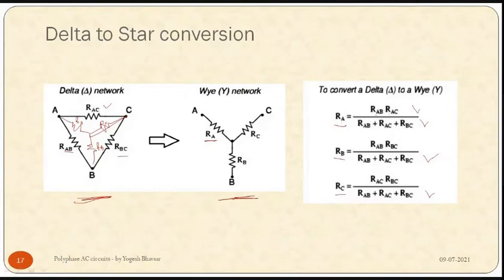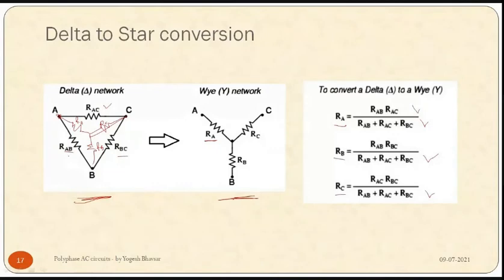Now look at the numerator. For RA, there is a multiplication of RAB and RAC. Look at that. Where is RA? At this point A. Now at point A, the resistances RAB and RAC are connected.